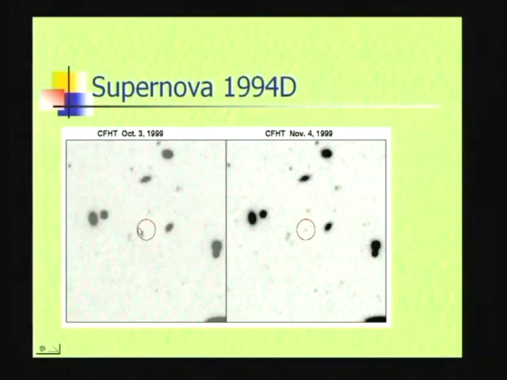This circle here, at this date, 3rd October 1999, does not contain any source. Now, at a later date, 4th November, you can see that there is this source over here. So, this is a new source that has appeared, that is the supernova.